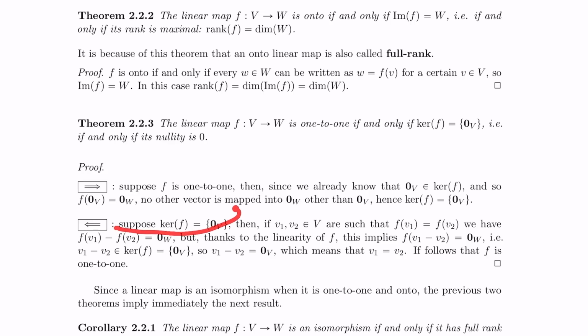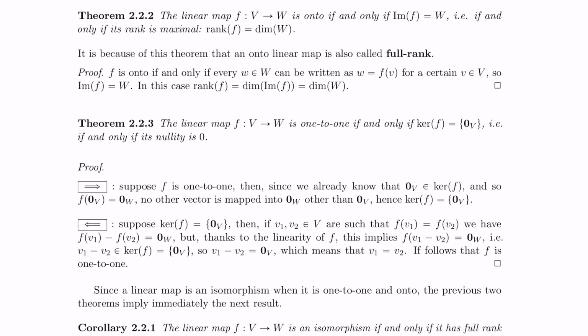Notice that we have supposed that the kernel of f is reduced to the only null vector of V. Hence, V1 minus V2 is the null vector of V, but this is possible if and only if V1 coincides with V2. In conclusion, thanks to the previous argument, under the hypothesis that the kernel of f is reduced to the only null vector of V, f is one-to-one.